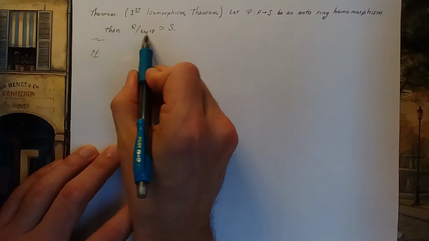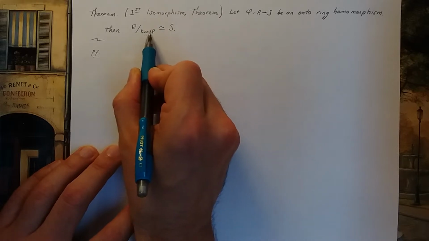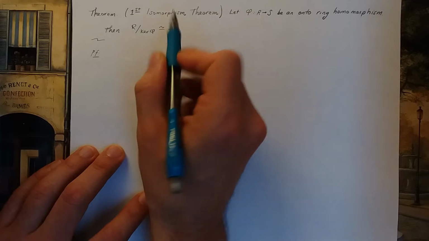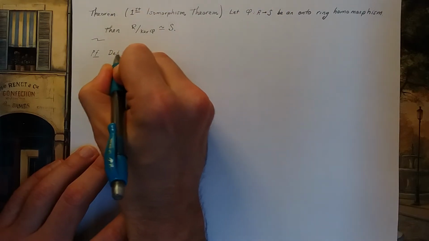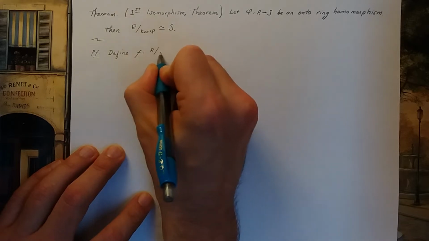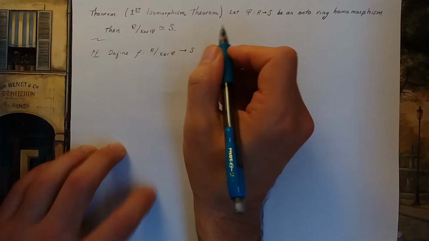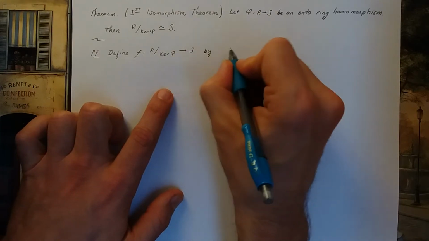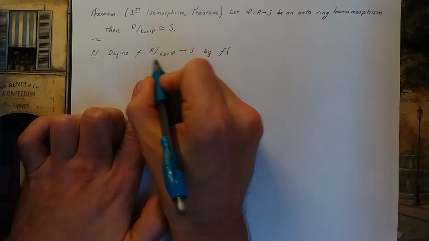If you want to show two rings are isomorphic, you need a bijection from the first ring to the other that's also a homomorphism. So I'll do that. I'll define a function f from R mod the kernel to S, and I'm going to define it by sending an element in this factor ring.